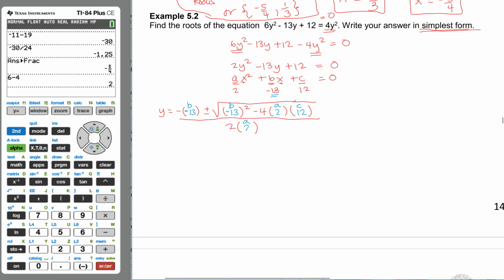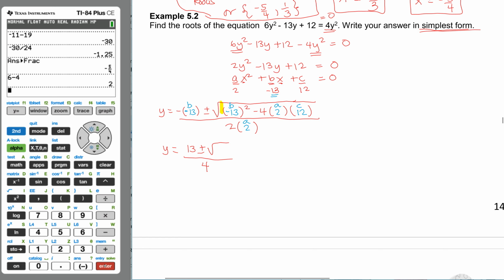It's easy because it's a formula, so we just plug in whatever values of a, b, and c are given. So here we can now have y equals, so negative times negative 13 becomes positive 13, plus minus square root of something, divided by 2 times 2, which is 4. So it's an easy setup.